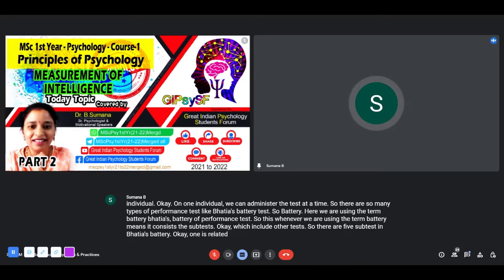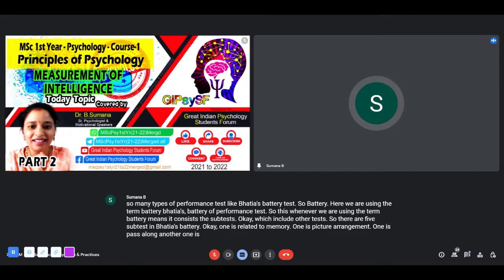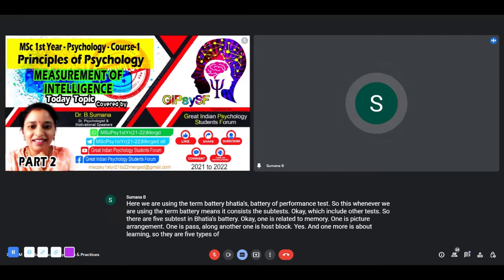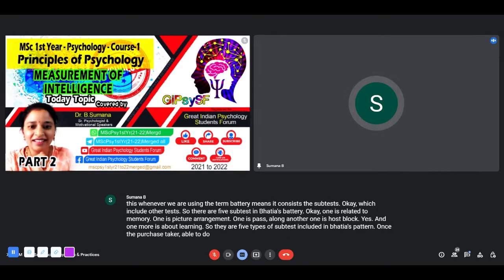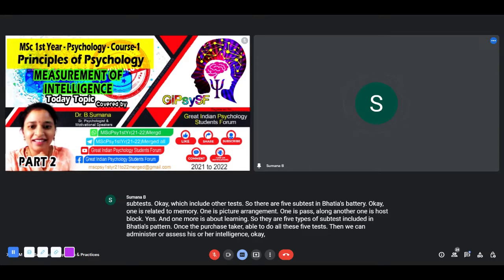One is related to memory, one is picture arrangement, one is pass along, another one is course block, and one more is about learning. Once the test taker is able to do all these 5 tests, then we can assess his or her intelligence.